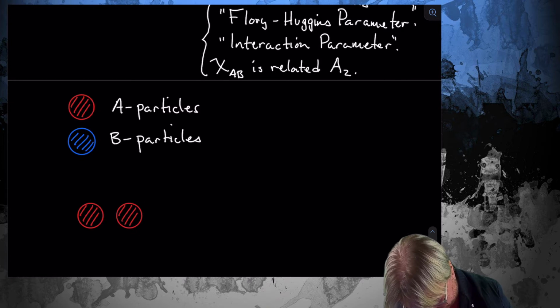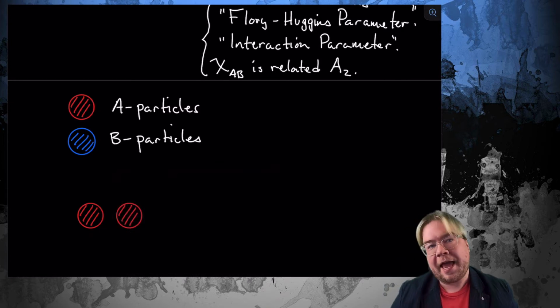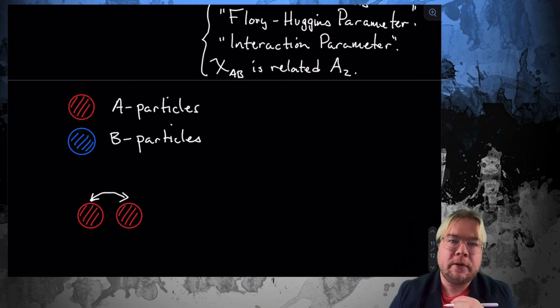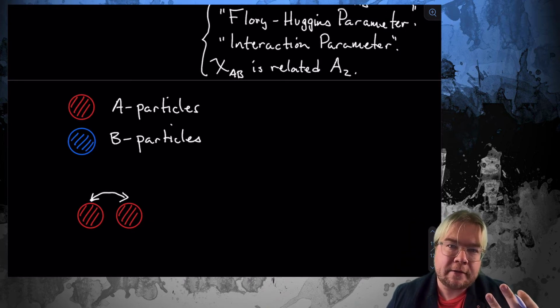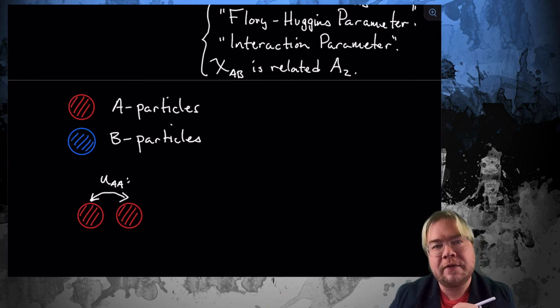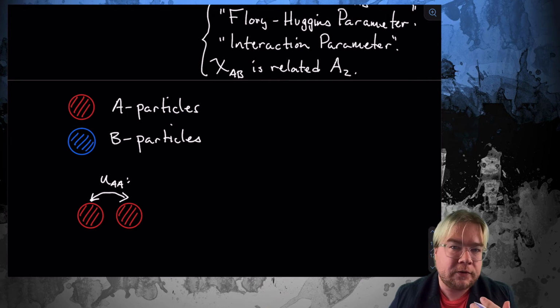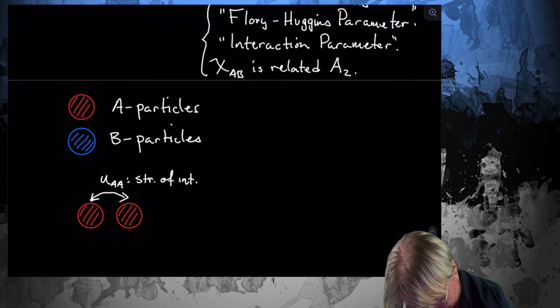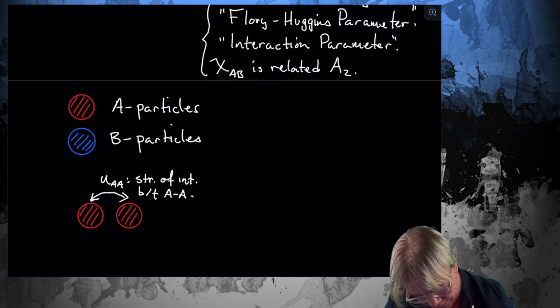Okay, so when we talk about AA interactions, then clearly that's going to be an interaction of this type. And there's going to be a certain strength associated with it, and we're going to call that little u AA. That's the strength of the interaction, or the amount of energy that's associated with this interaction. So I'll just call it the strength of interaction between A and A.